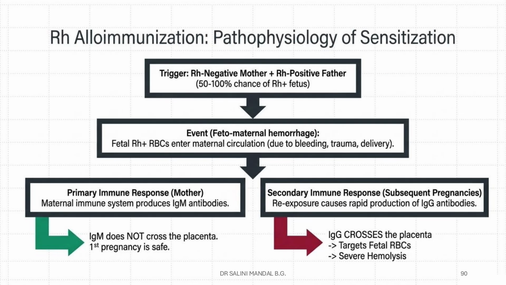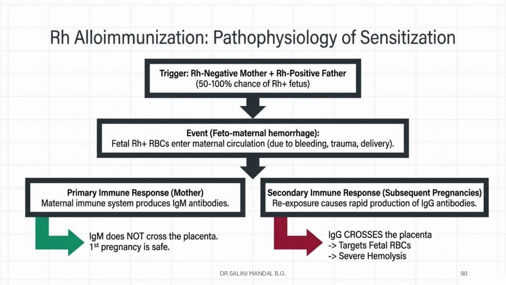Next one, a little about RH incompatibility. See, we know that there is an RH negative mother and an RH positive fetus. By chance, any trauma, bleeding, or during the time of delivery, the fetal blood is going to enter the maternal circulation.